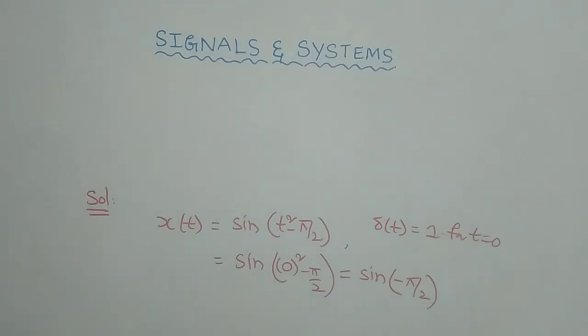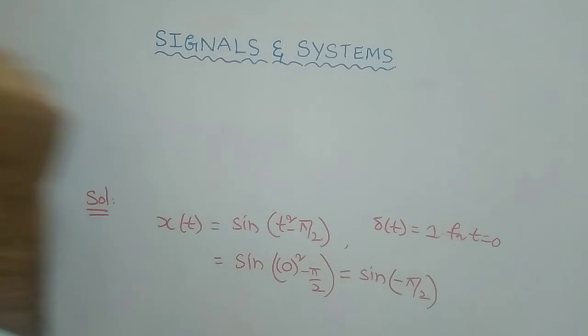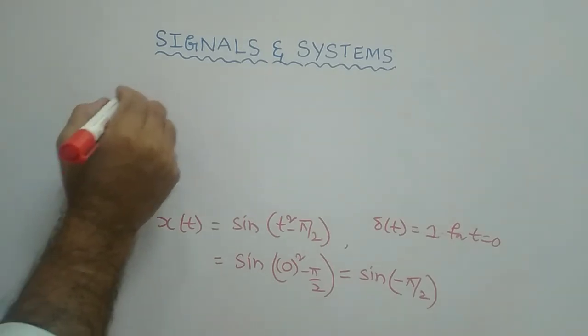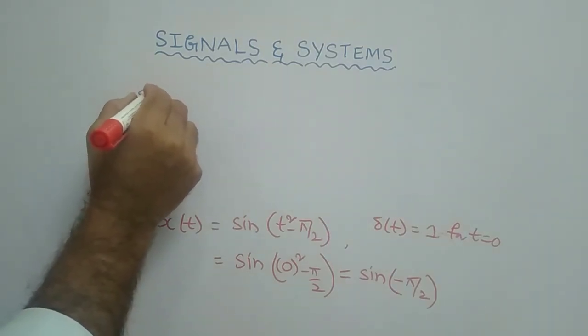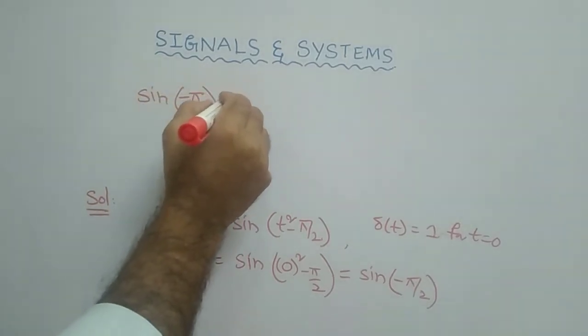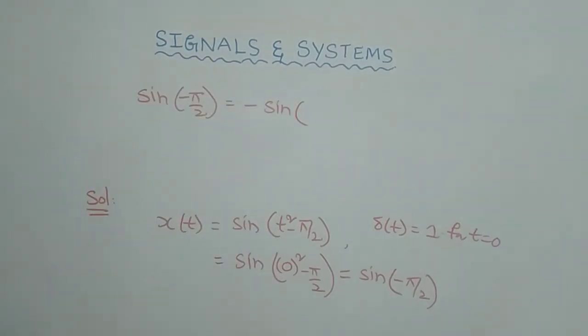The sine signal is an example of an odd signal. Therefore, for any odd signal, sine of minus pi by 2 is equal to minus sine of pi by 2.